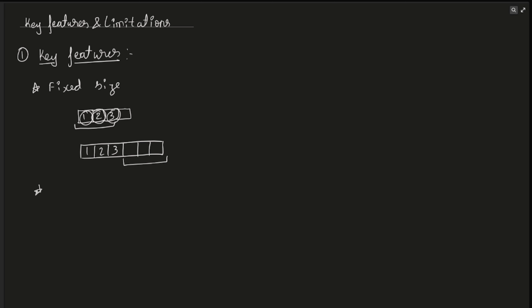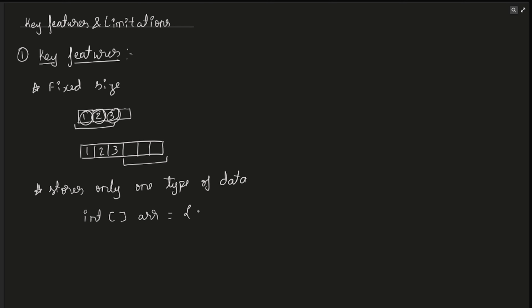And as we have seen, array can store only one data type, meaning we cannot store a string into an integer array. Stores only one type of data. Let's take, we have an integer array.